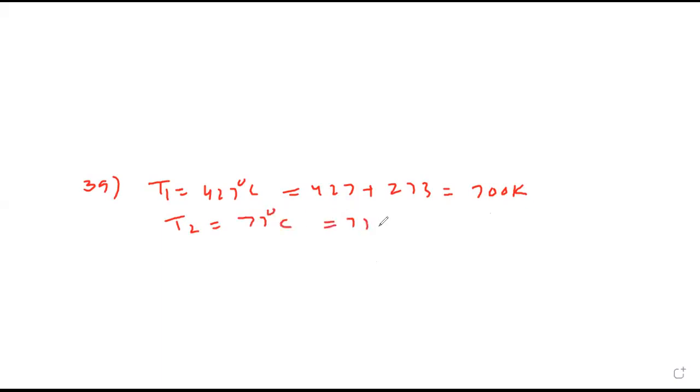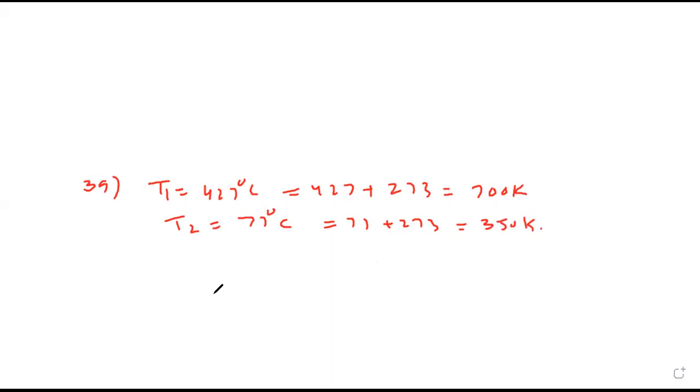A Carnot engine takes in heat from a reservoir at a temperature of 427 degrees Celsius. That is 427 plus 273, 700 Kelvin. It gives out heat to the sink at 77 degrees Celsius. 77 plus 273, that is 350 Kelvin.